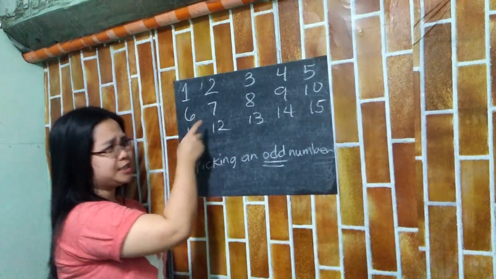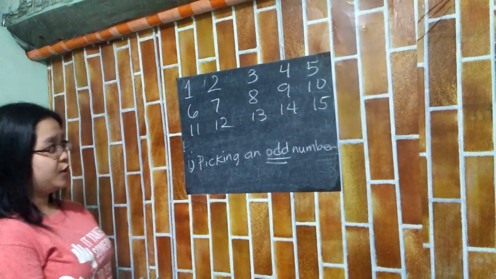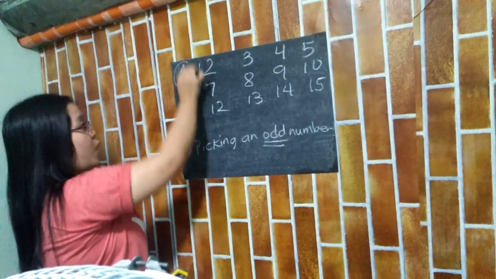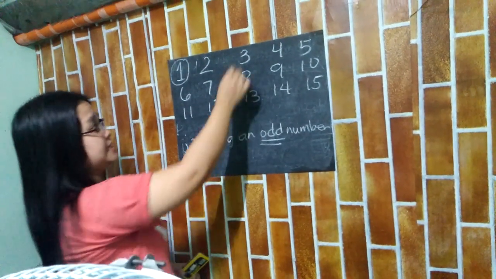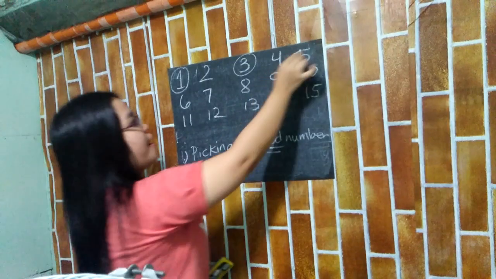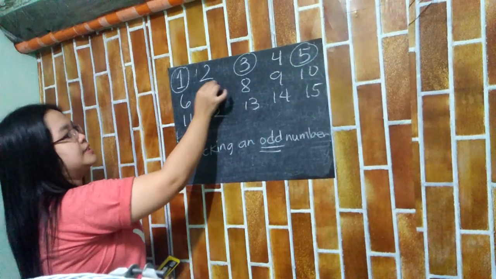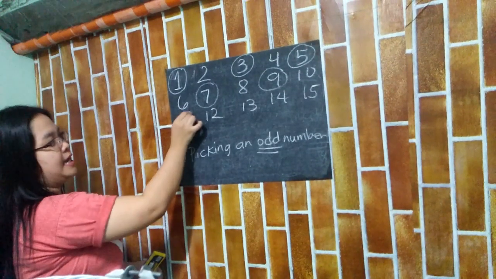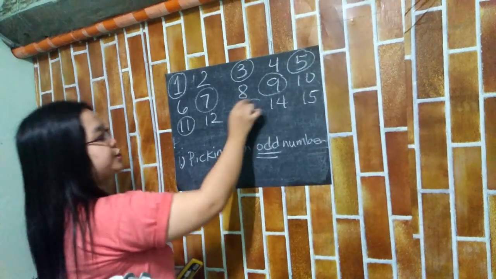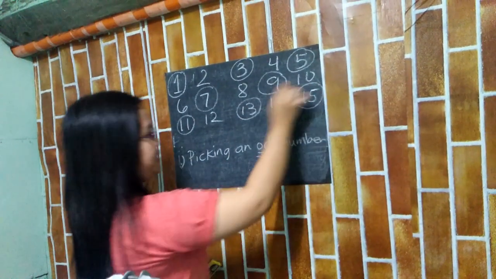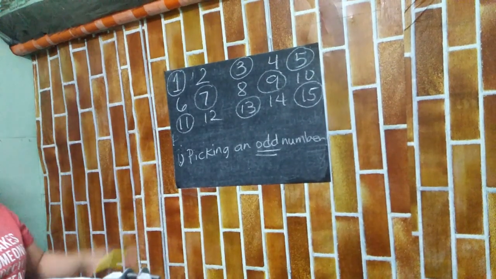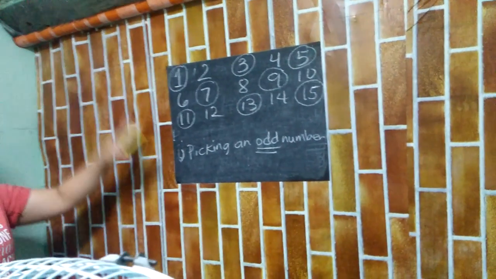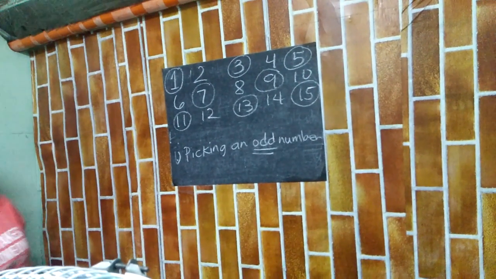So what are the odd numbers on the board, or on the number cards 1 to 15? So we have 1, what else? 3, 5, 7, 9, 11, 13, and 15. Okay? So, there you go. These are the odd numbers in our number cards 1 to 15.